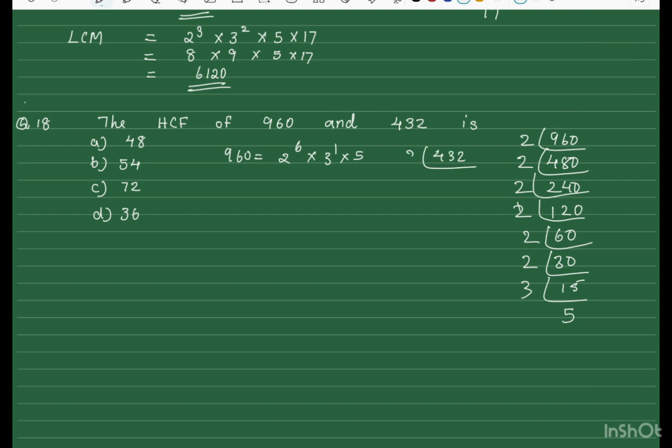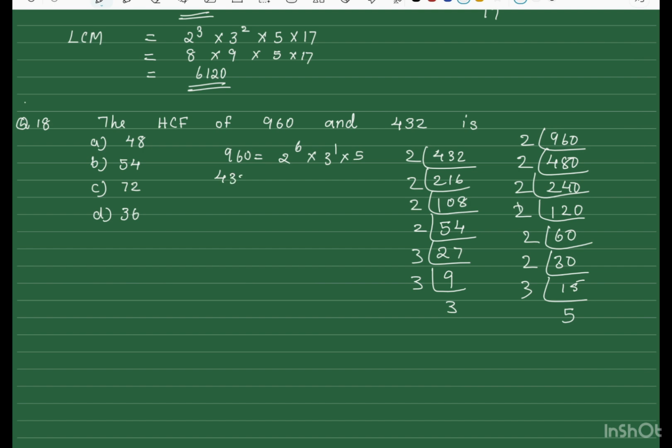Next, 432 can be divided by 2. By 2 we get 216, by 2 we get 108, by 2 54, by 2 we get 27, and it can be divided by 3 we get 9, by 3 we get 3.